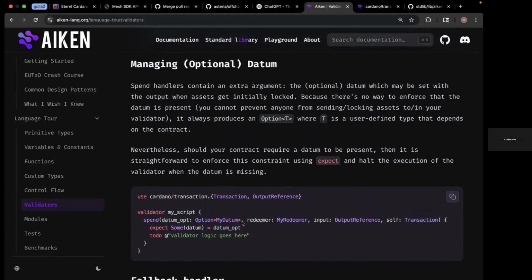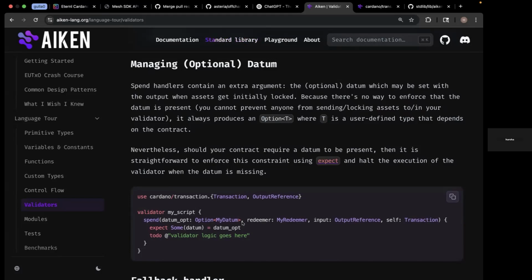When you craft a transaction and you send a UTXO somewhere, that's when you would put datum on it. And so this validator can accept UTXOs that look like anything because it can't enforce it. So the reason that datum is optional is because it may be there or it may not be there, and there is no way to enforce it, which is pretty cool because we just came full circle.